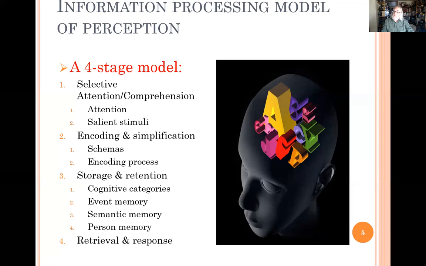So we retrieve the information we need from our long-term memory. It's in those cognitive categories. So we draw that information from the three main categories of event memory, semantics, and person memory.